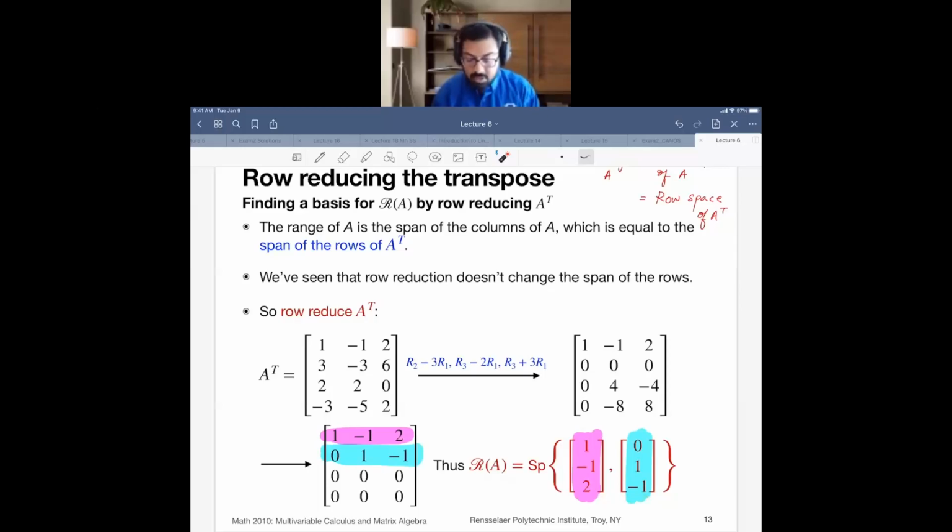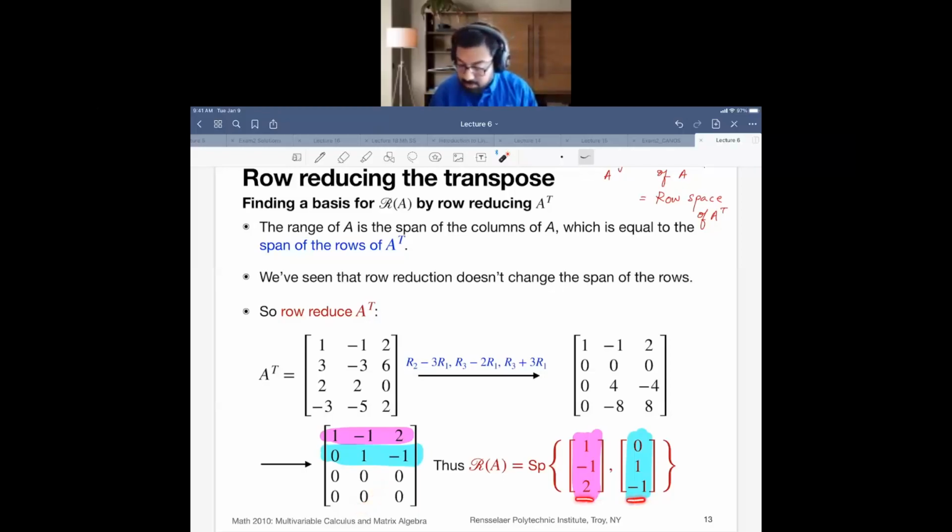So the strategy that we applied over here is, instead of looking at the column space of A, we looked at the span of the row space of A transpose, and we leveraged the fact that row reductions don't change the row space. So if you want the range of A, it's going to be the same as the row space of A transpose, defined by the span of these two.